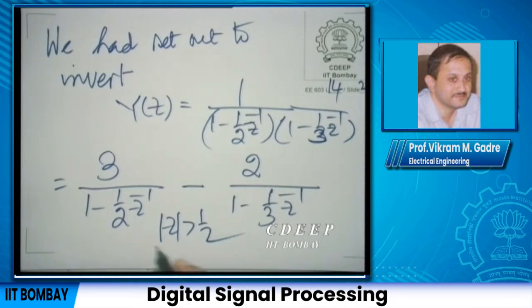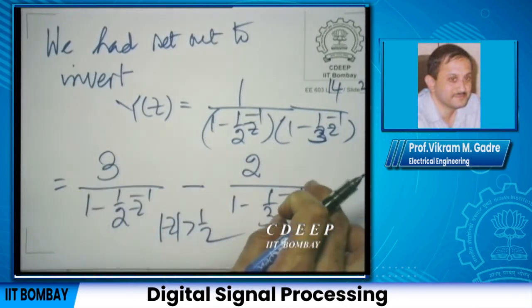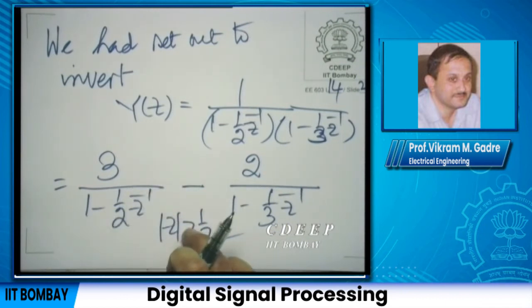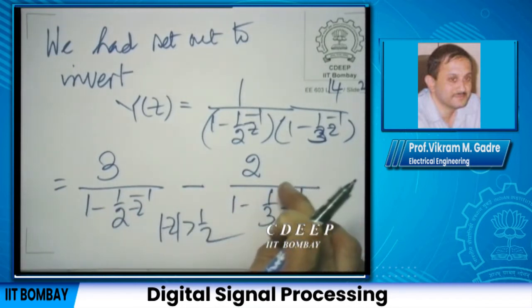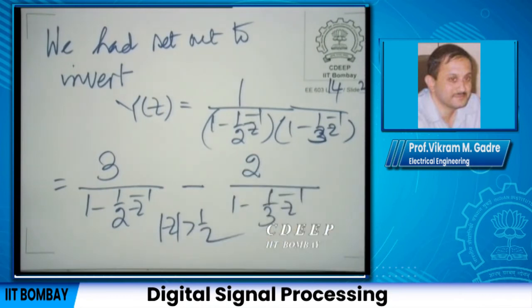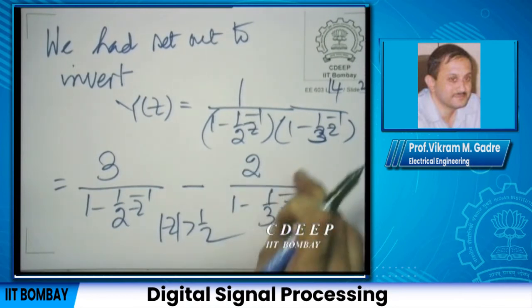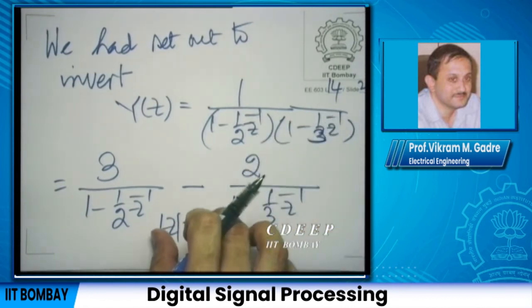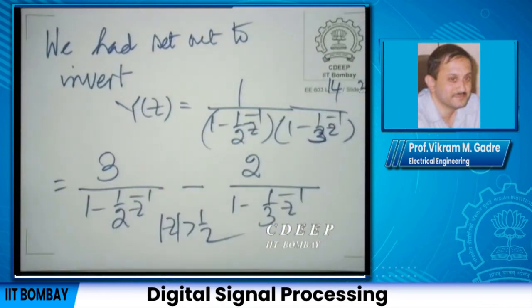And now, you see, this is a sum of two Z transforms. Take this term, when mod Z is greater than half, 3 by 1 minus half Z inverse from the linearity of the Z transform must correspond to the sequence 3 times half to the power of n u[n]. And since mod Z is greater than half, mod Z is of course greater than 1/3. So, for this sequence too, the expression with mod Z greater than half can also be thought of as the same expression with mod Z greater than 1/3.